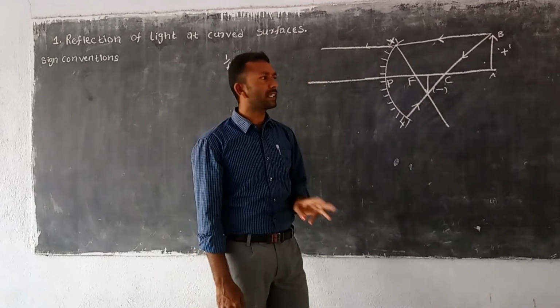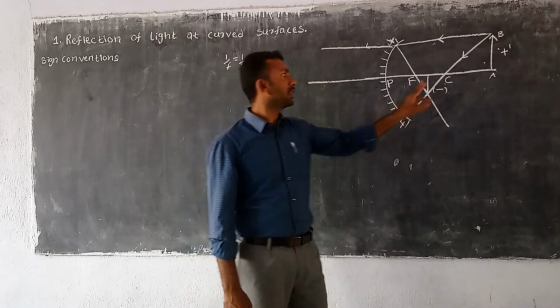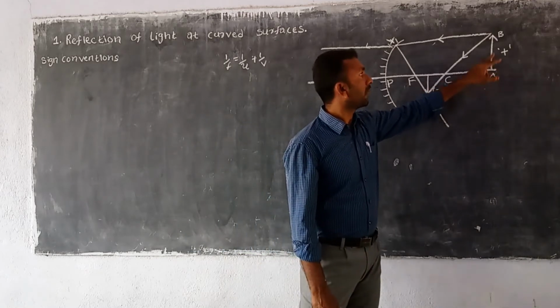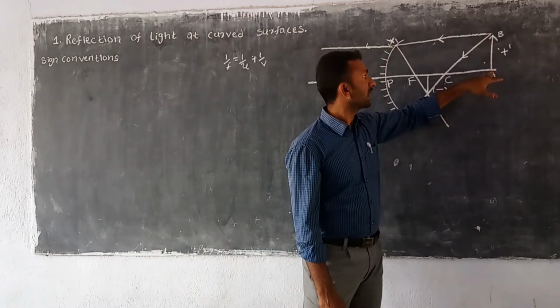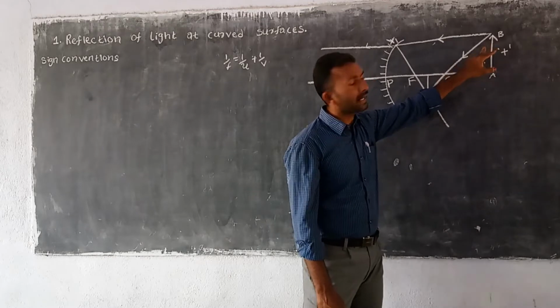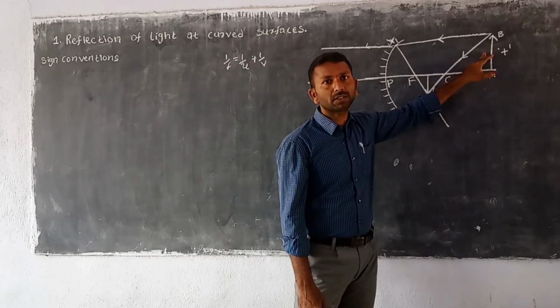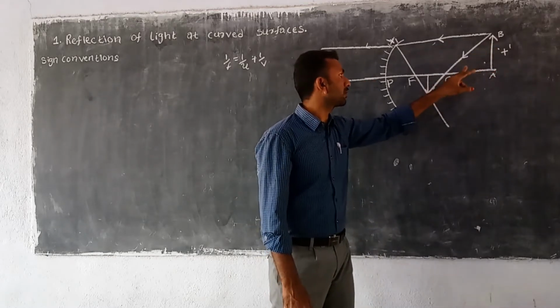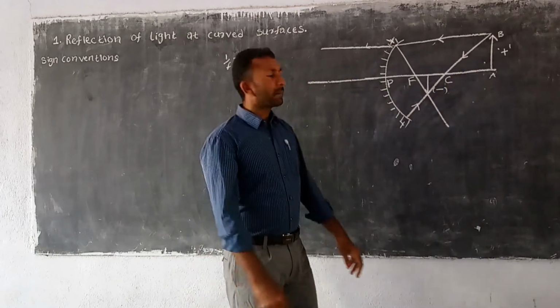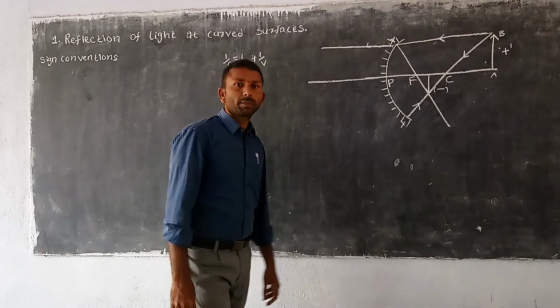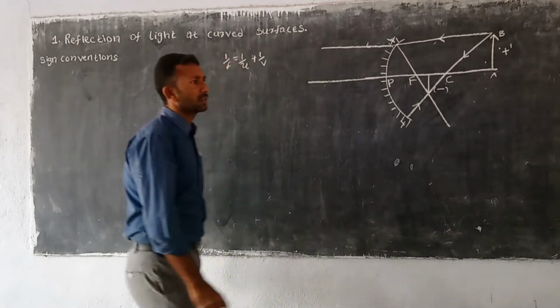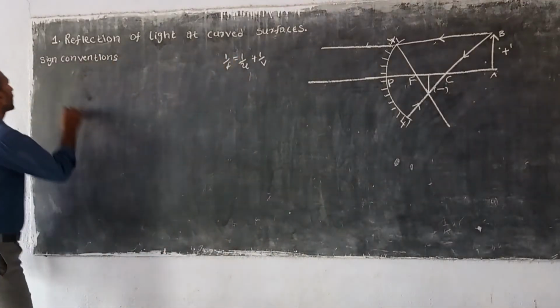The third one is, if you are measuring the values from the principal axis to the upside, those values should be taken as positive, and if you are taking those values downside of the principal axis, those values should be taken as negative values. And the next one is magnification.